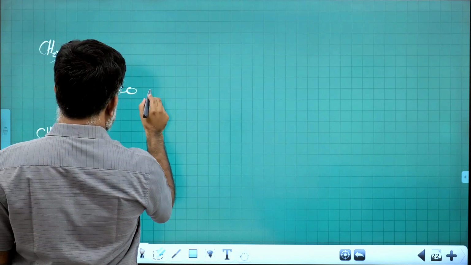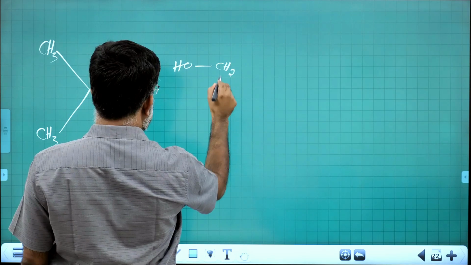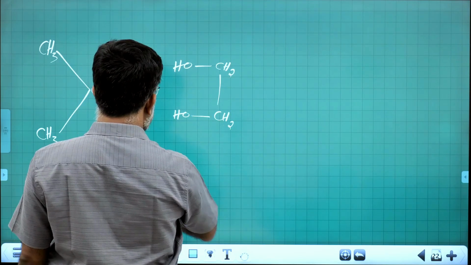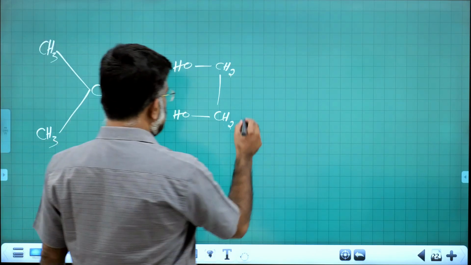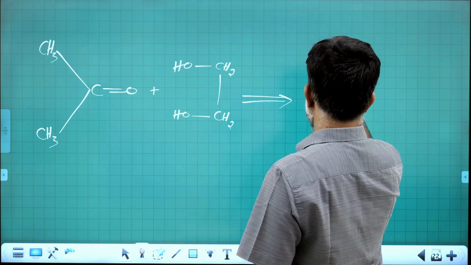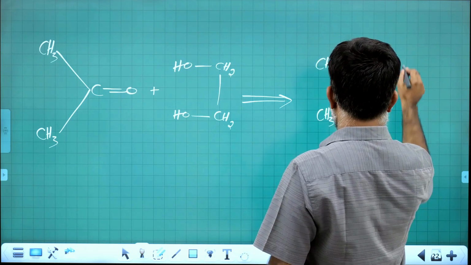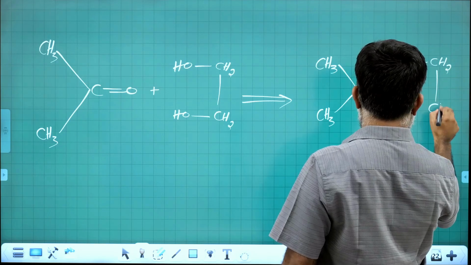It is reacting with the dihydric alcohol, say for example, ethylene glycol. And what is the final product? The final product obtained is CH3, C, CH3, and you get it like this. You get cyclic ketal.